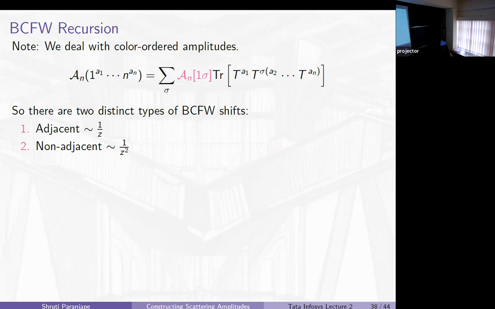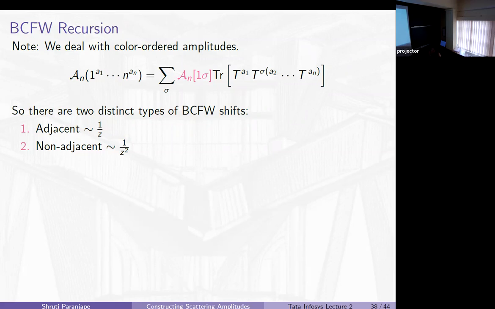So there's this choice of which particles I'm shifting. If they're adjacent, I get 1 over Z, and if they're non-adjacent, I get better behavior, 1 over Z squared at infinity. And you pull the epsilon parts out of the amplitude? The polarizations?